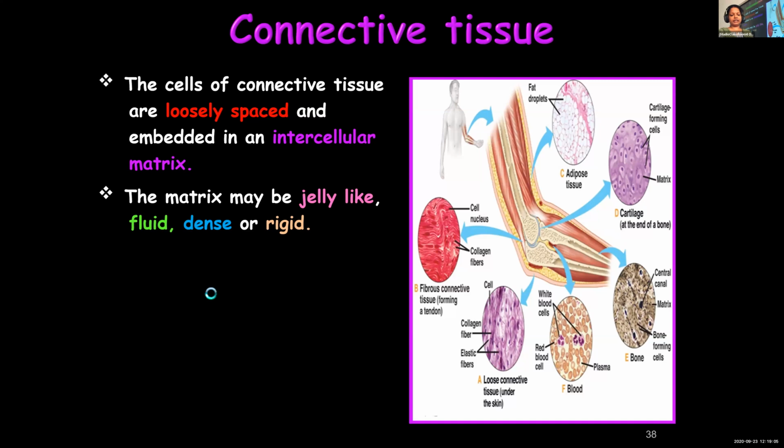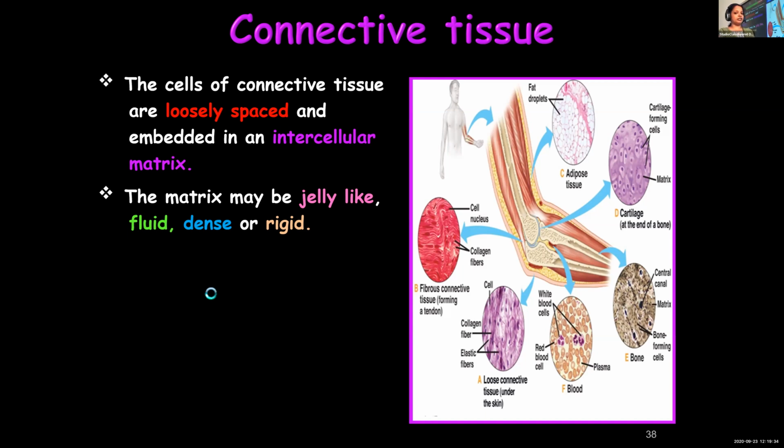And this matrix, its nature or its texture can be different. Depending upon the function the connective tissue has to perform, the matrix can be of different types. The matrix will not remain the same for all types of connective tissue.